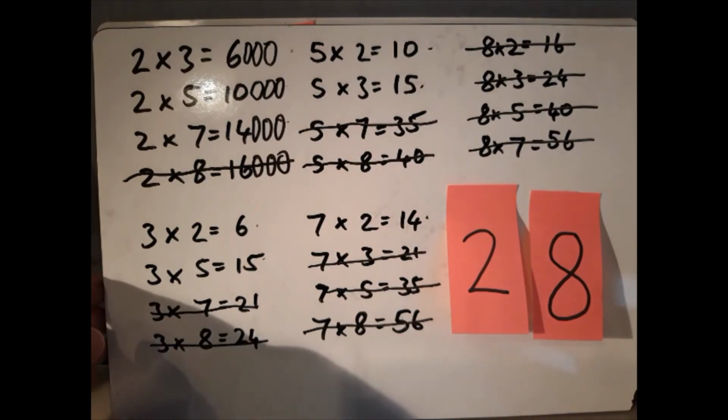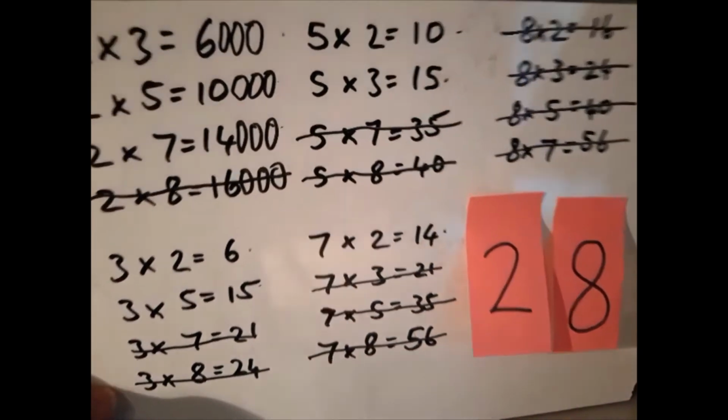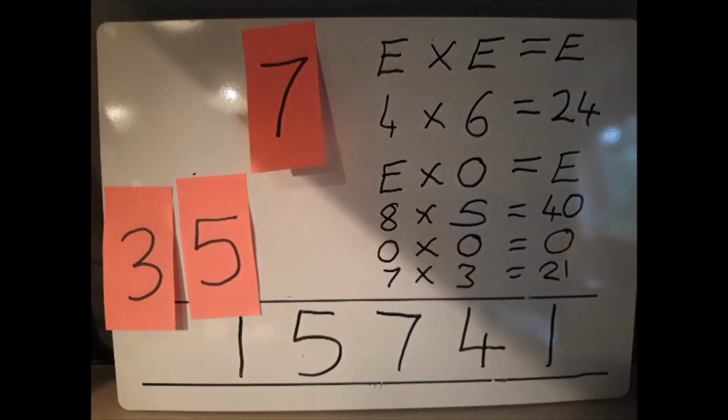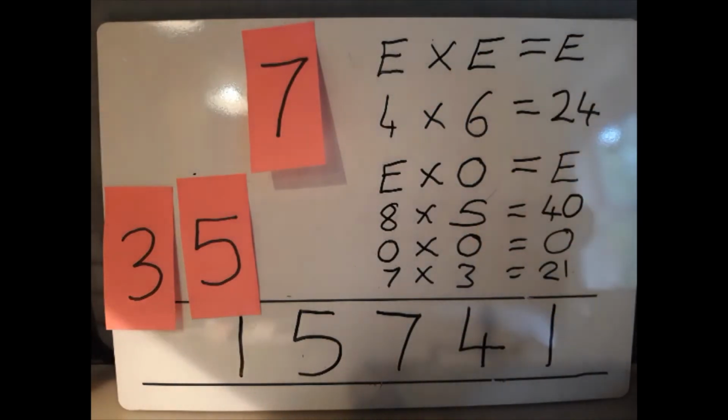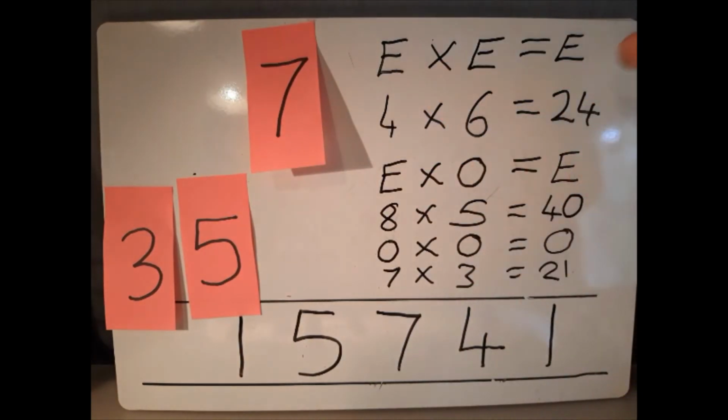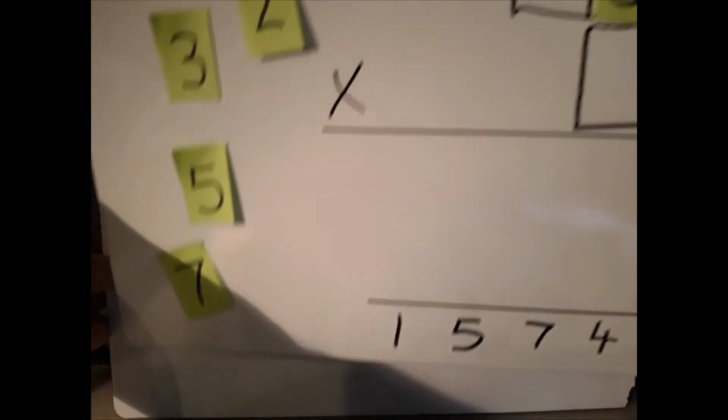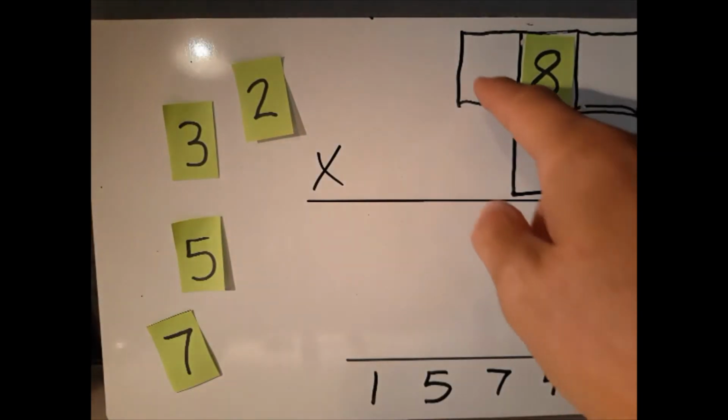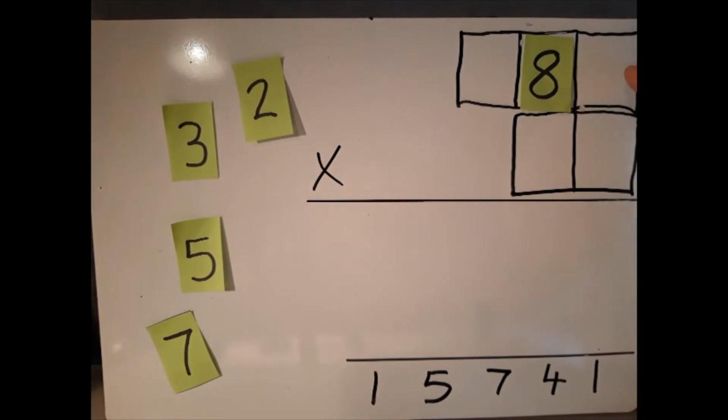And then go back and think about what we did with the evens to make evens, odds and evens to make evens, odds and odds to make odds, and that helps us to get the information we need to say that the 8 can't go in here or here, and it can't go in here and here, so it has to go there. So if you're not sure, go back and look at them again.